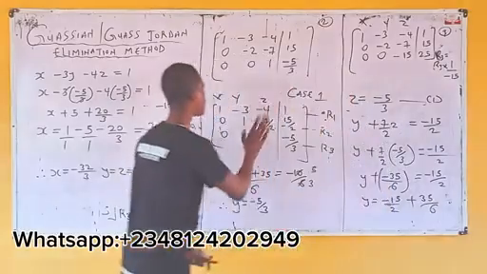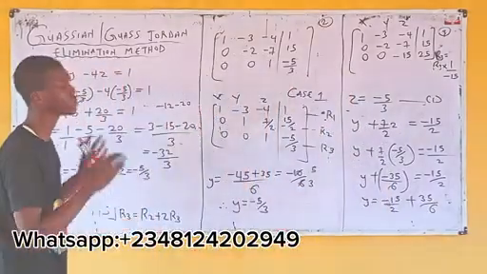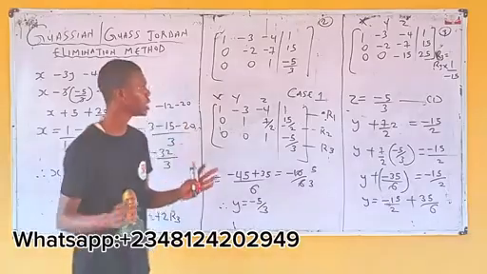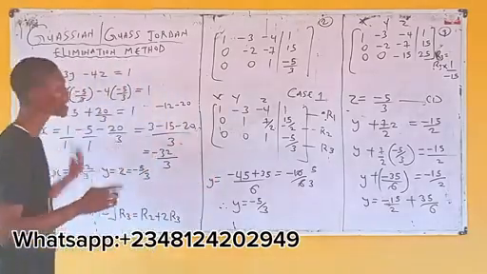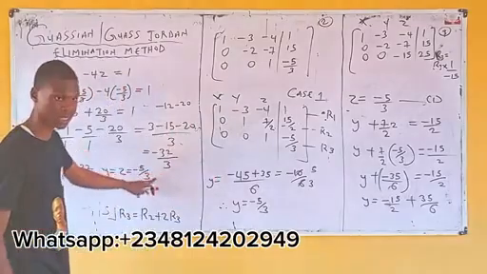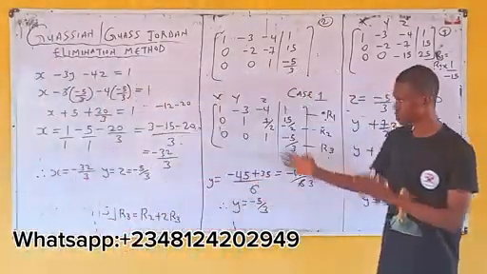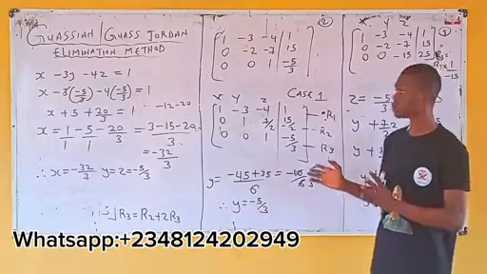Meaning, looking at my matrix, I will know that x is equal to negative 32 over 3, y is equal to negative 5 over 3, and z is equal to negative 5 over 3. That's what we want to do now.